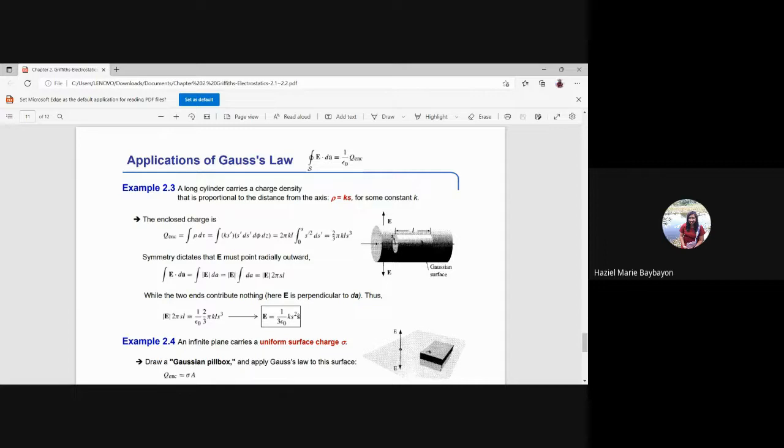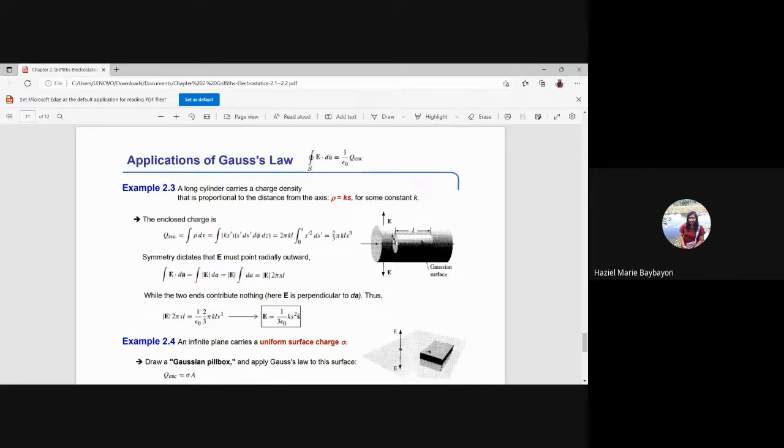And then if you integrate that, you will get S times 2 pi times the integral of dz from 0 to L, so you have L here. So this is actually the area of the body of the cylinder.